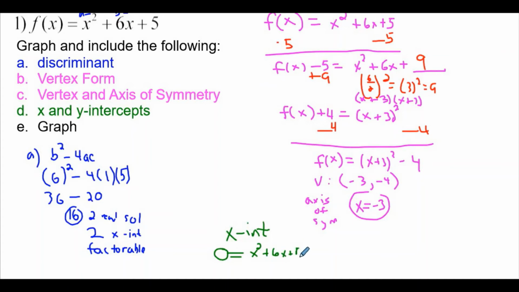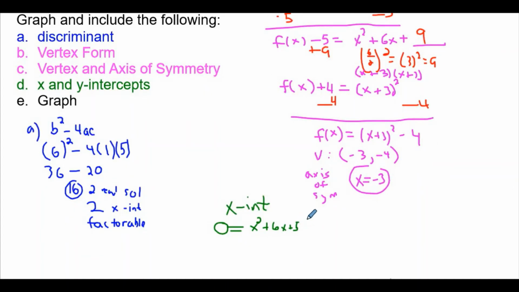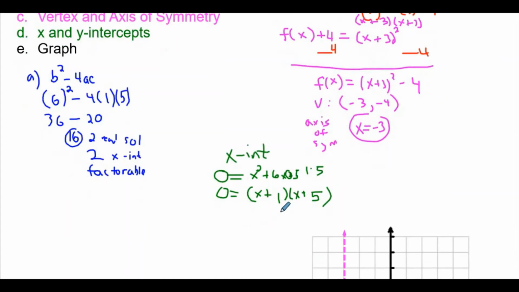This factors pretty readily because, again, we're doing an addition problem, and we have the choice of 1 times 5. Or that's it, right? And 1 plus 5 is 6. So we're going to do, okay, what's going to be x plus, remember, it's going to be positives, 2 positives. When this is an addition sign, these have to match, and they always are equivalent to the middle term. It's just going to be 1 and 5, because 1 and 5 multiply to 5, and they add to 6.